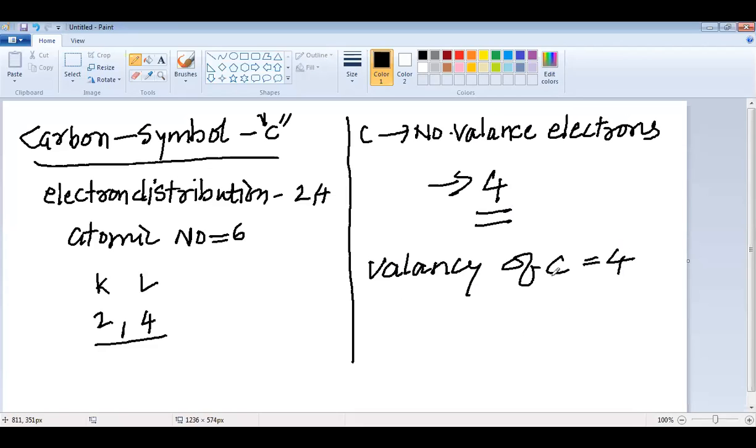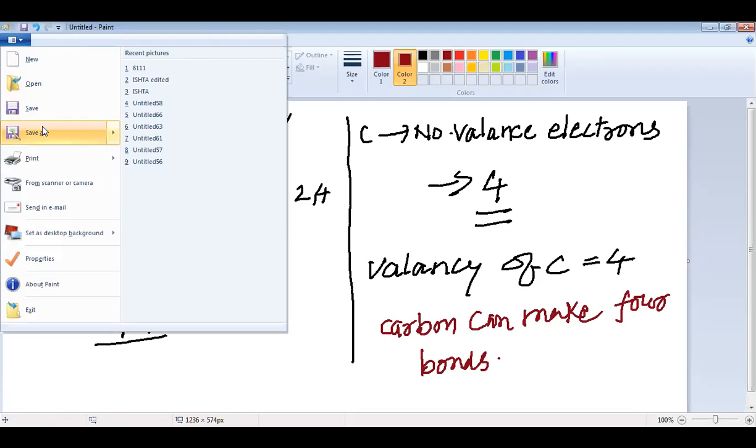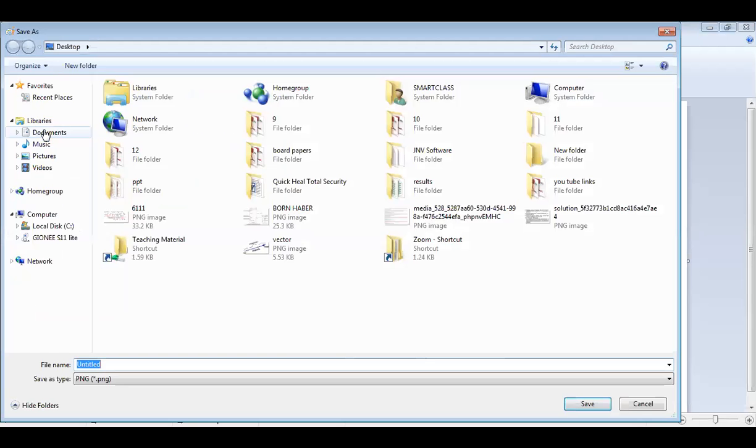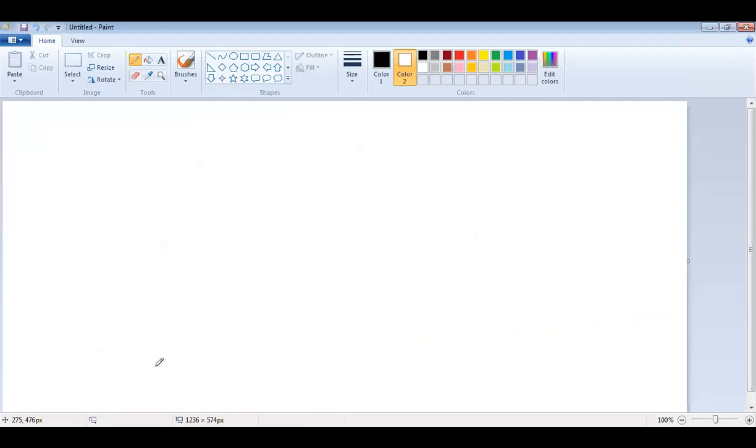Now what is the meaning of the valency of carbon being equal to 4? It simply means that carbon can make 4 bonds. This carbon can make 4 bonds because it has 4 electrons present in it.